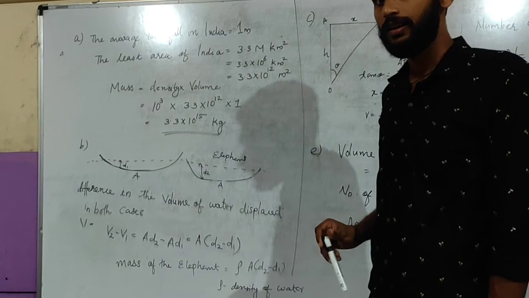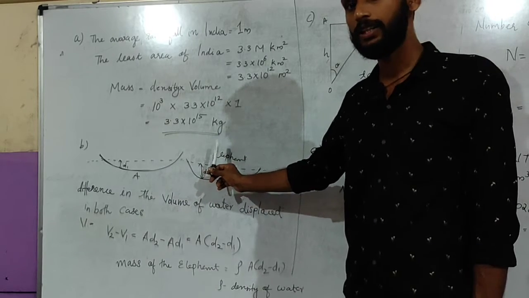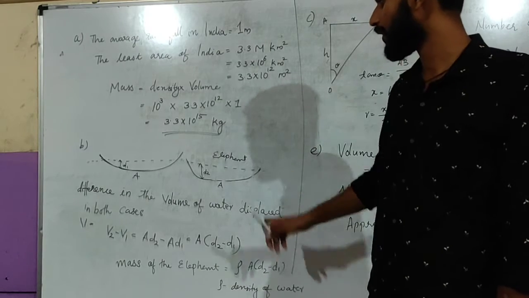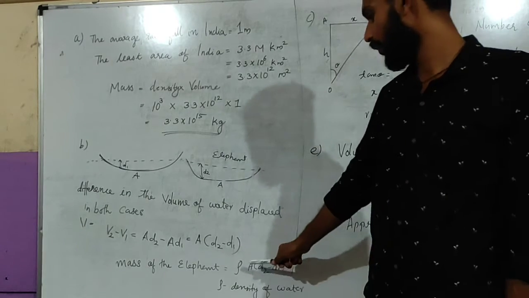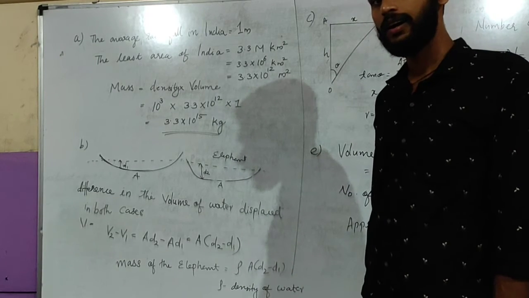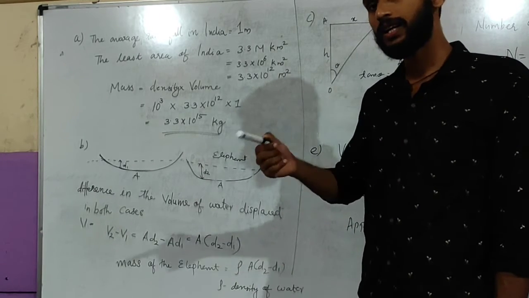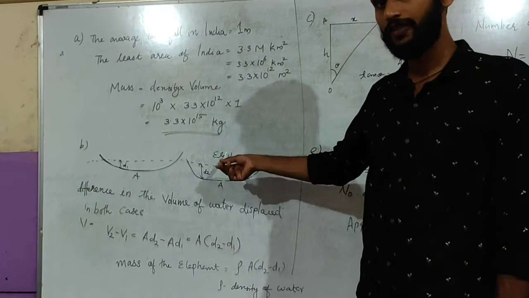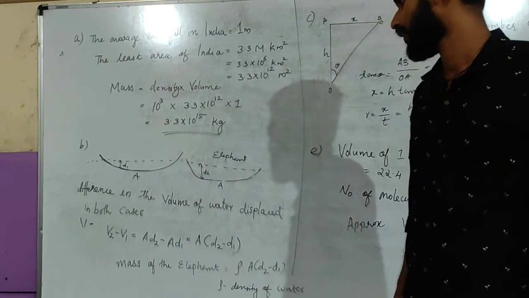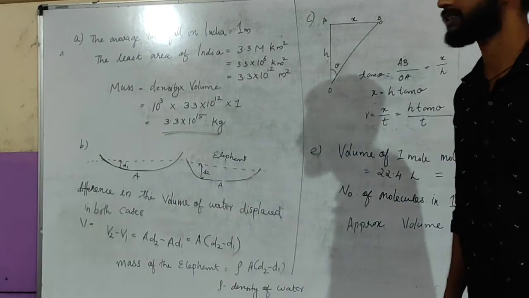That will be equal to the change in the volume occupied into the density of the water. In such a way you can find out the mass of the elephant. Here rho is the density of the water, and A into (D2 minus D1) is the difference in the volume of water replaced in the second case with the elephant on the boat, and in the first case the empty boat.